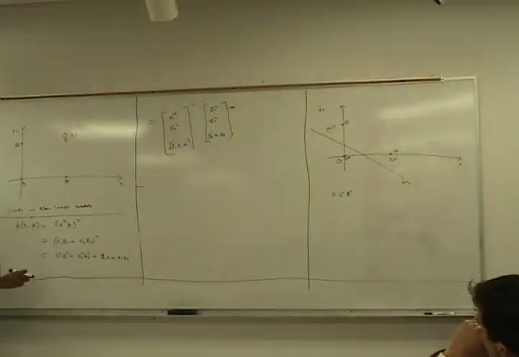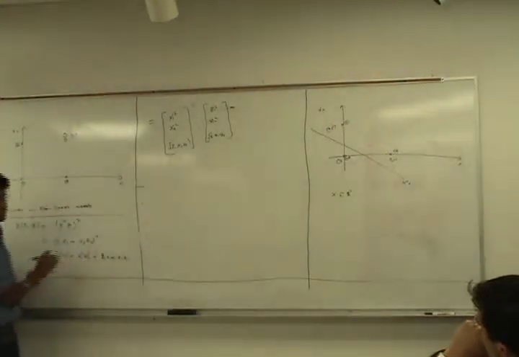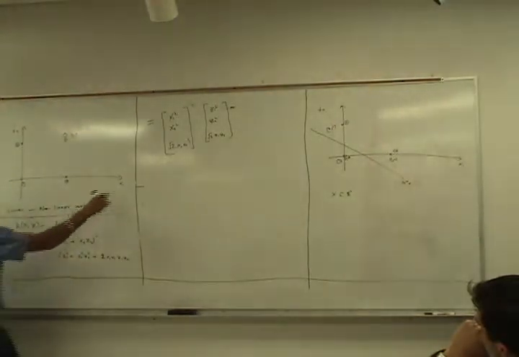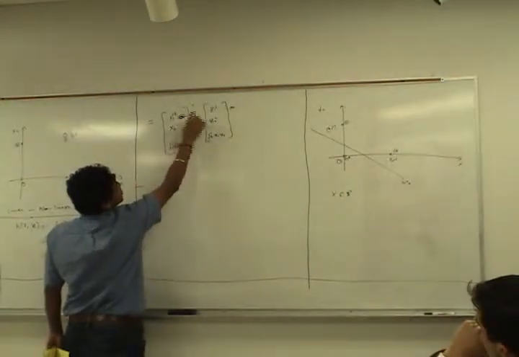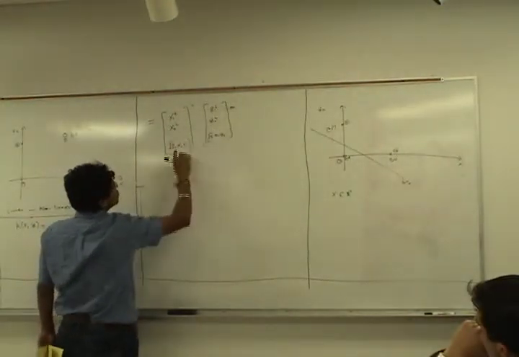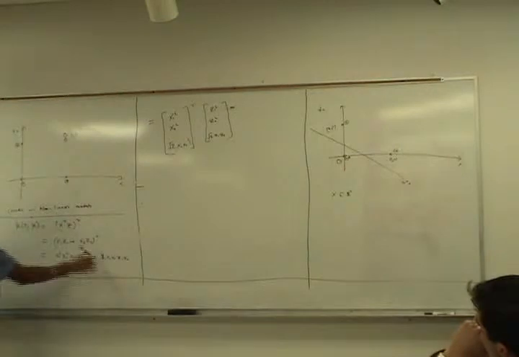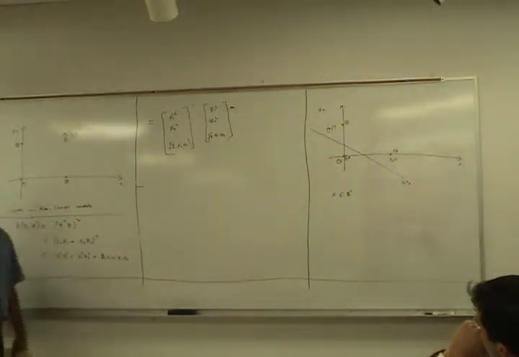You can immediately see that these are exactly the same. The squared inner product is nothing but x1 squared z1 squared plus x2 squared z2 squared plus 2 x1 x2 z1 z2. So this is exactly the same.